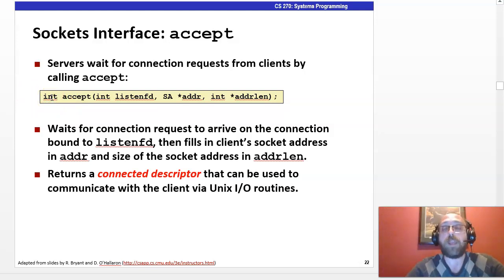This is one that we can write to, to talk to the client, and read from to get things from the client. And it will also fill out the client's address into the struct sockaddr. So that'll be the IP address, but then we can use getnameinfo to convert that back into a host name or to a string IP address.